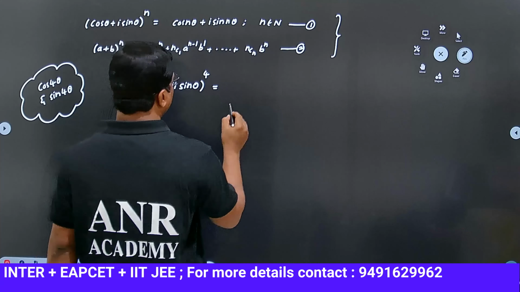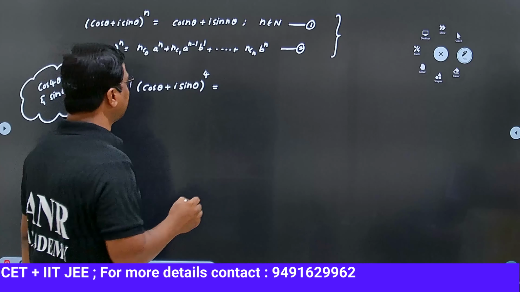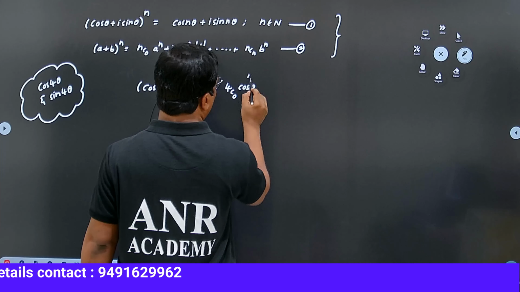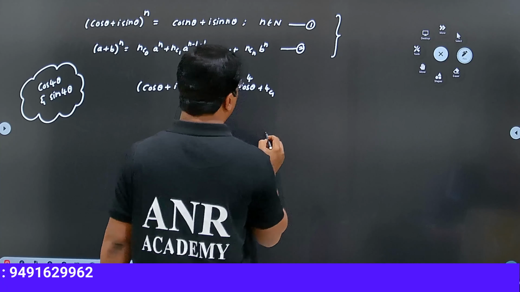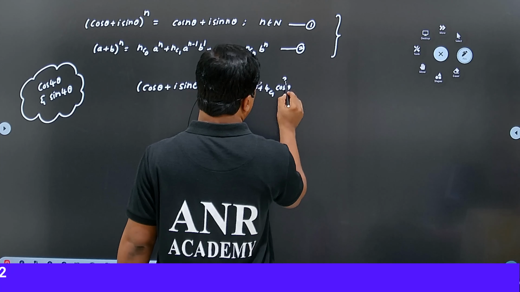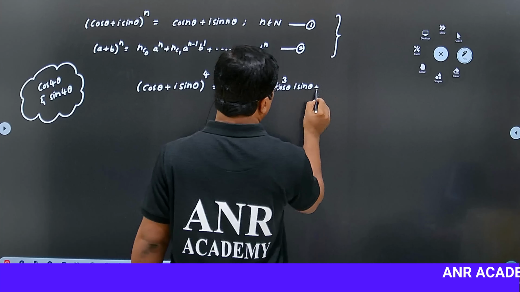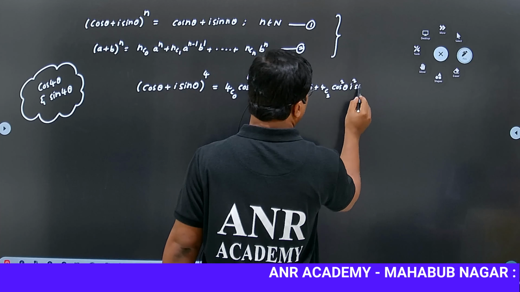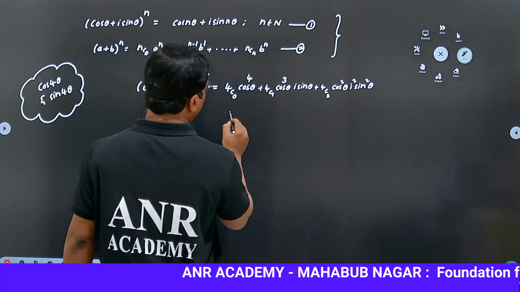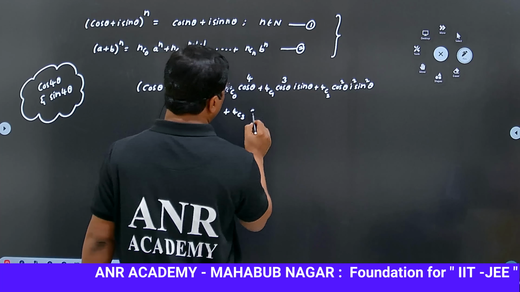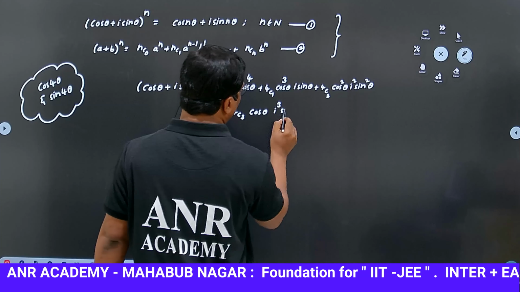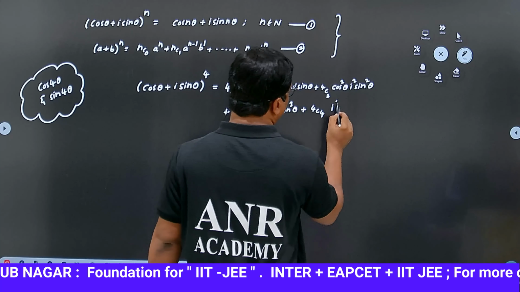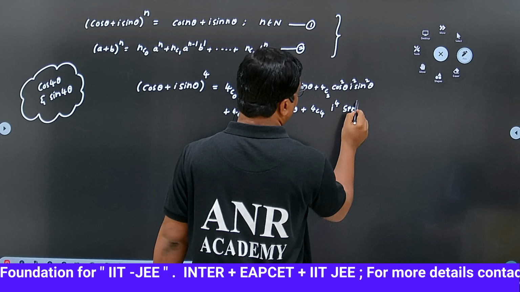With the help of binomial expansion, I can write 4C0 cos^4 theta, next plus 4C1 cos^3 theta (i sin theta), next plus 4C2 cos^2 theta i^2 sin^2 theta, plus 4C3 cos theta i^3 sin^3 theta, and the last term 4C4 i^4 sin^4 theta.